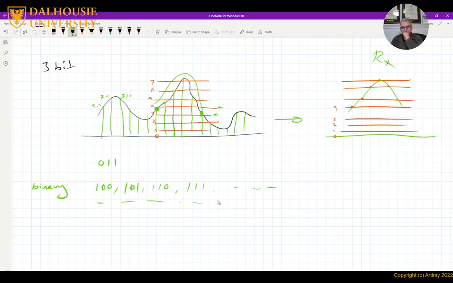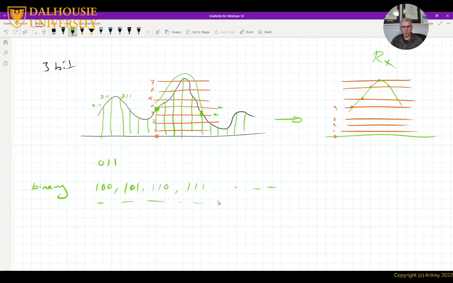The second thing is I can improve the quantization and reduce the error by increasing levels. So instead of 3 bits, which allow us only 7 levels, I can have 4 bits, which will give me 16 levels. I can have 8 bits, which will give me 256 levels, right? So I can add more bits and get more accurate representation of the original signal.